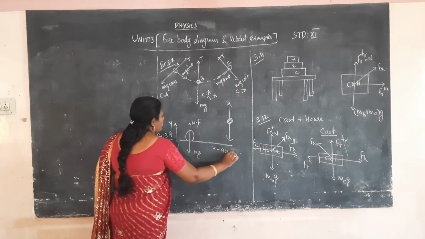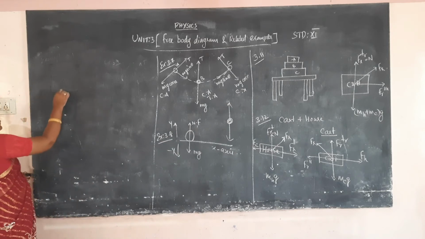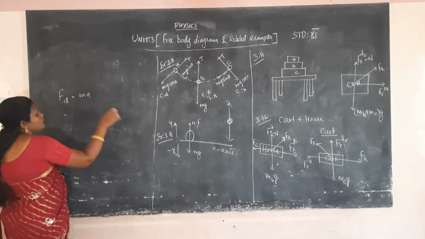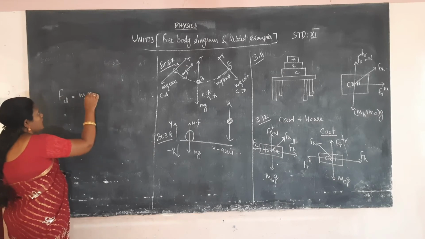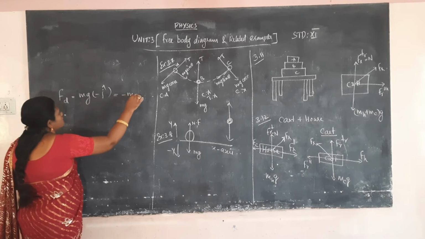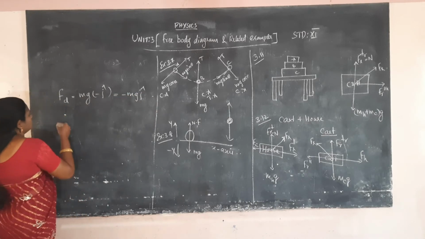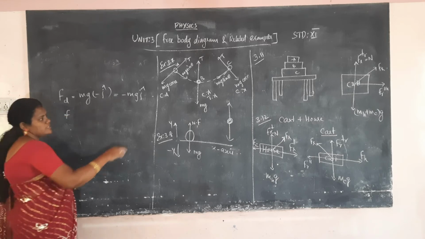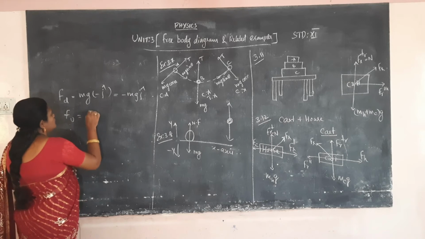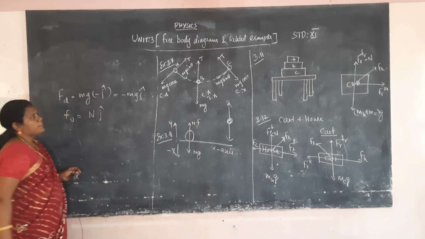First the downward force is calculated. The downward force is equal to mg. Opposite to the y direction means minus j cap, so minus mg j cap, and that is the downward force. The upward force is equal to the normal force, so positive y axis means N j cap, okay.